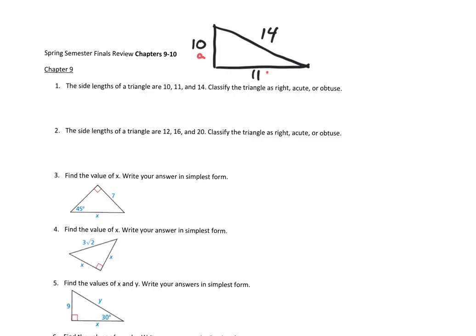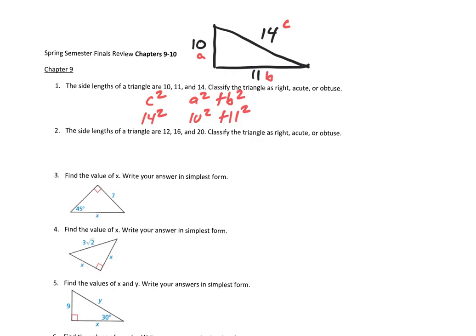We still do the A, B, and C, but what we do a little bit differently here is we always put C squared on the left and A squared plus B squared on the right. I'll show you why. C is still the biggest. The A and B are interchangeable. It really doesn't matter which one's which.